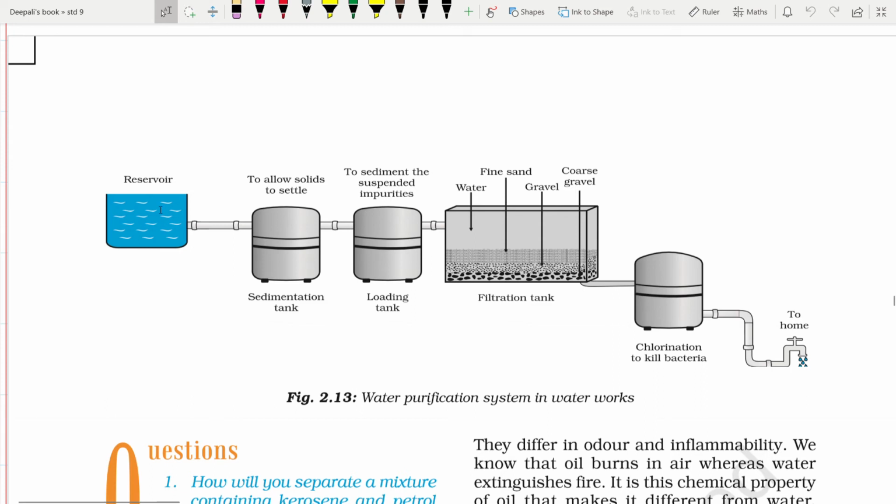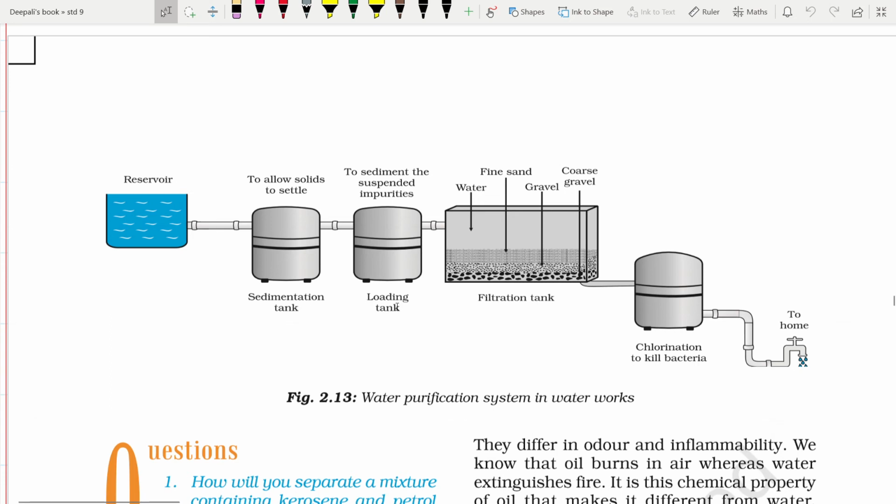Now this water from the reservoir is pumped out into the large tanks, which are also called sedimentation tanks, and the water is allowed to settle here for 15 to 20 days, and because of the sedimentation, the heavy particles will settle down at the bottom of the tank, and the clean water will be moved further into another tank where the lighter particles or the suspended impurities are removed by loading.